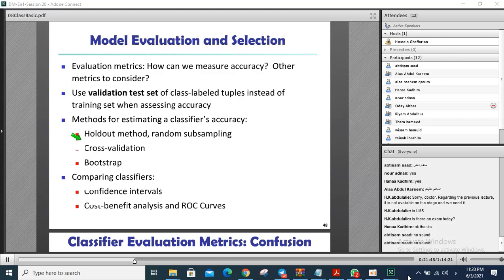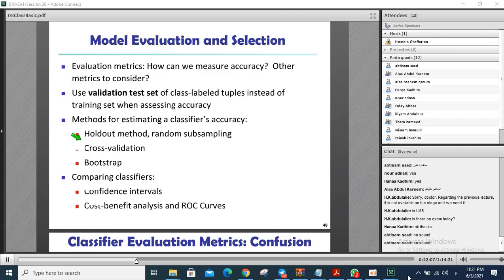For example, we should talk about the holdout method, random subsampling, cross-validation, bootstrapping, and something like that. And also, when we are talking about classifiers, we should talk about confidence intervals of the results.